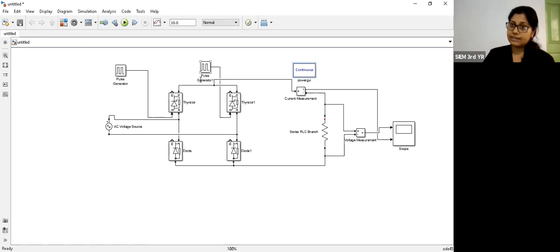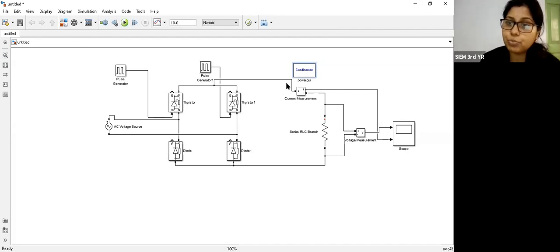These are the methods which will help to solve this equation, the entire mathematical problem. As it is a continuous function, this continuous block will help to solve the entire circuit, the entire problem. So the purpose of this continuous block is to solve the entire mathematical problem, nothing else.